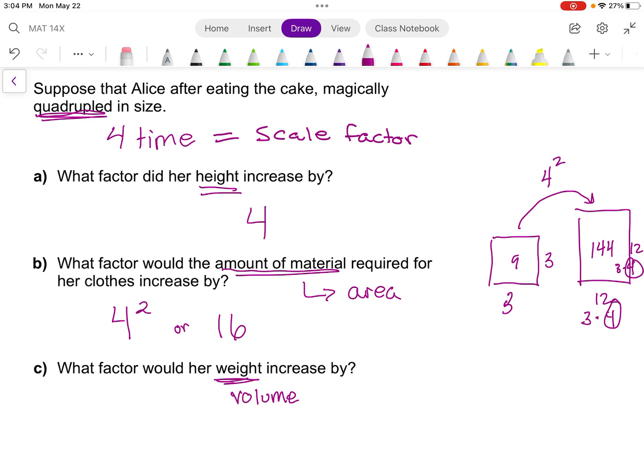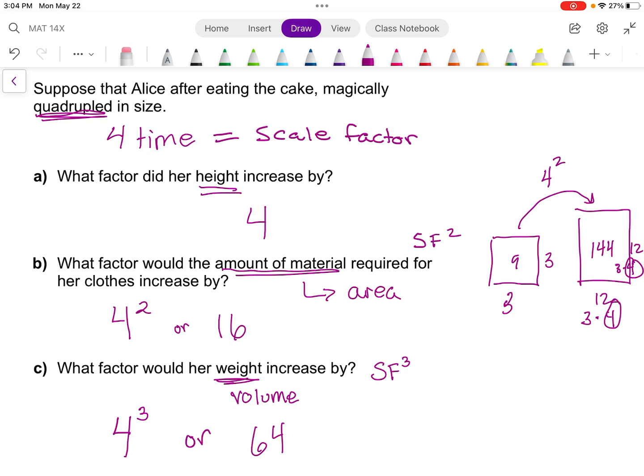And just like the area was that original scale factor squared, with volume, it's going to be that original scale factor cubed. And so in this case, that weight would increase by a factor of 4 cubed, which would be 64. So her weight is actually 64 times more now than it originally was.